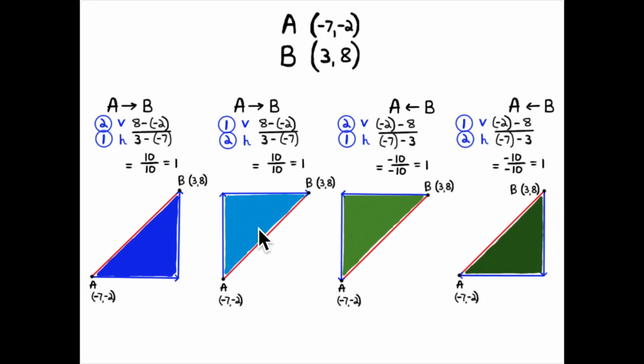And again, for these two, moving from A to B or B to A. And the difference between these 2 triangles is whether you calculate the horizontal side first and then the vertical side, or the vertical side first and then the horizontal side. So over here, the same difference. I said it was way too much thinking, so there you have it.